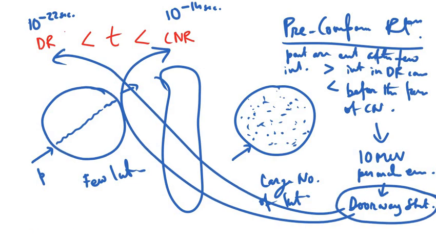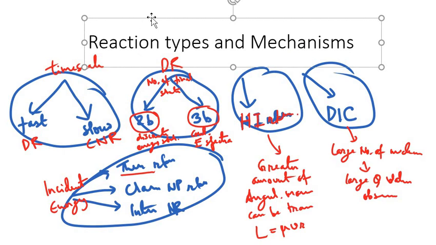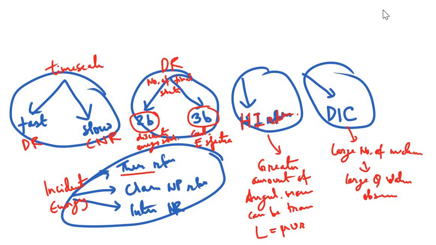Fine. So you see, we have covered lots of types. We talked about the classification in terms of time scale, then direct reaction, number of final states, 2 body, 3 body. We talked about heavy ion reaction, then large number of nucleon transfer, right? We again talked about classification in terms of incident energy: thermonuclear reaction, classical nuclear physics reaction, intermediate reaction.